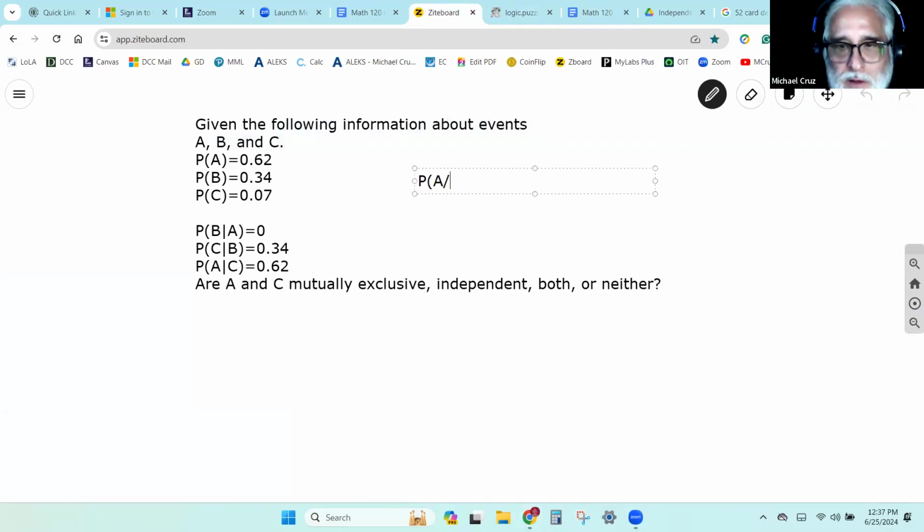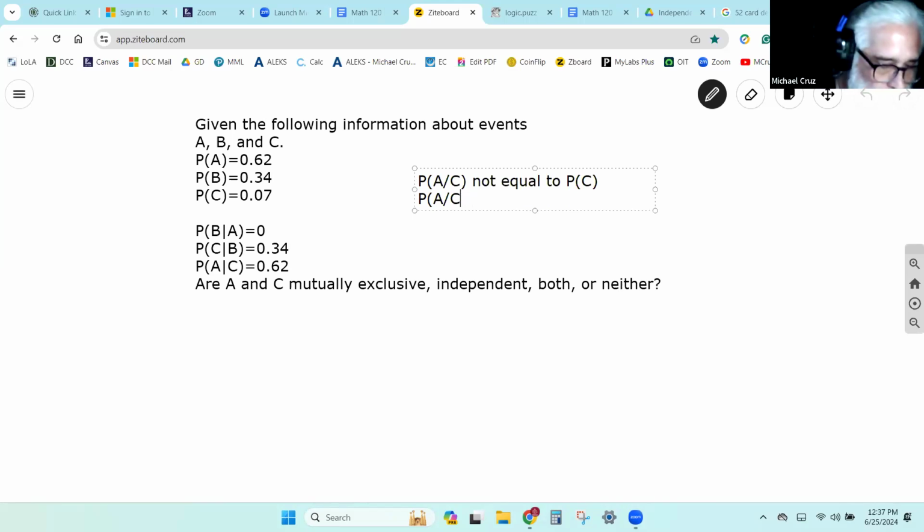Probability of A given C is not equal to probability of C. Probability of A given C, though, is equal to probability of A. They're not asking about C and B. They're asking about A and C. So these two are the same, and these are the two that are not the same.